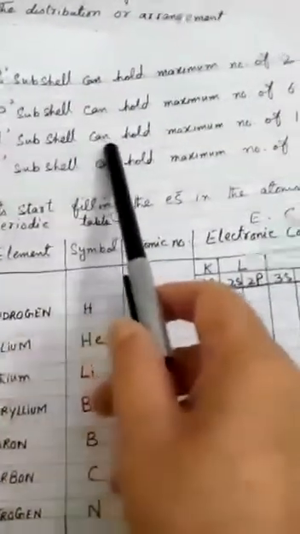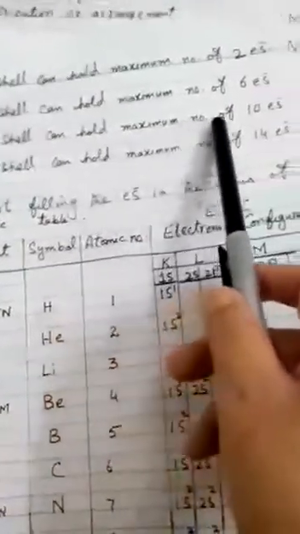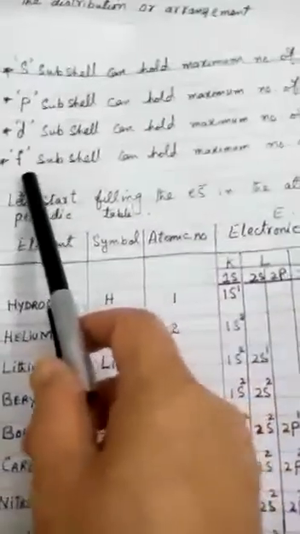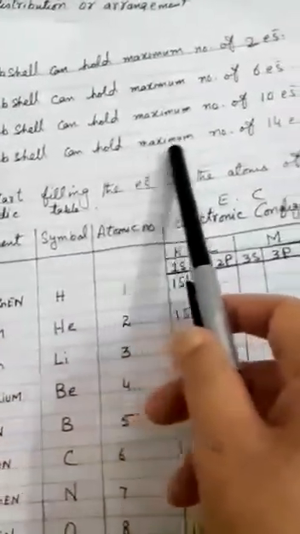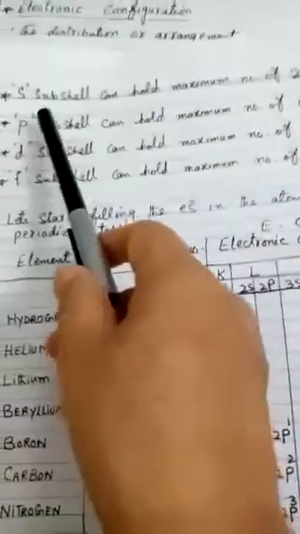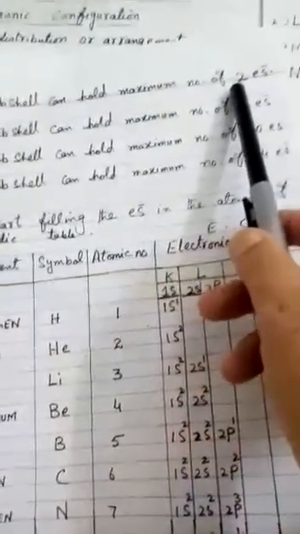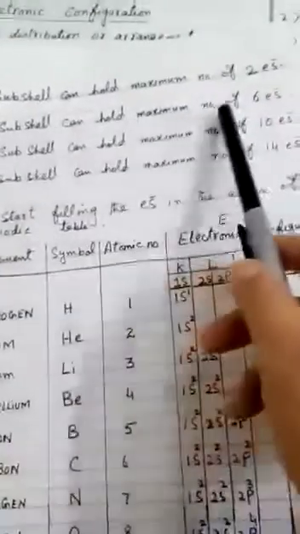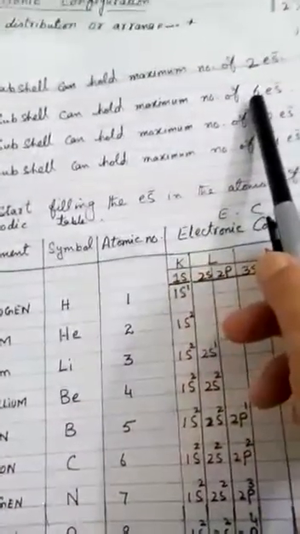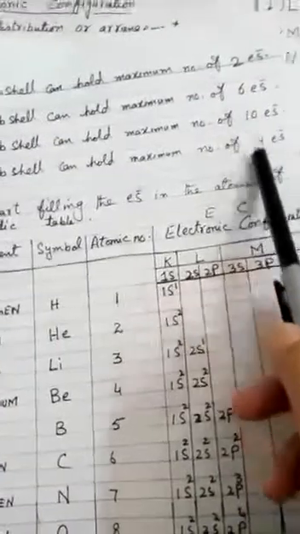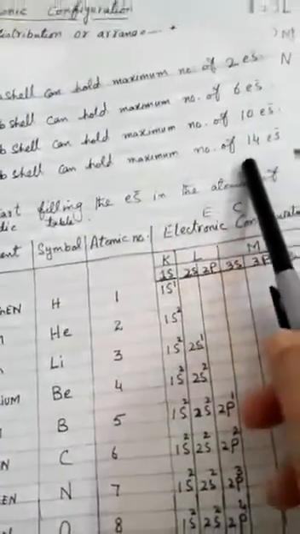D subshell of each shell can hold maximum 10 electrons, while F subshell of each shell can hold maximum 14 electrons. Less than 2 is possible in the S subshell, but not more than 2. Similarly, in the P subshell, less than 6 is possible, but not more than 6. And same is the case with other subshells, right?